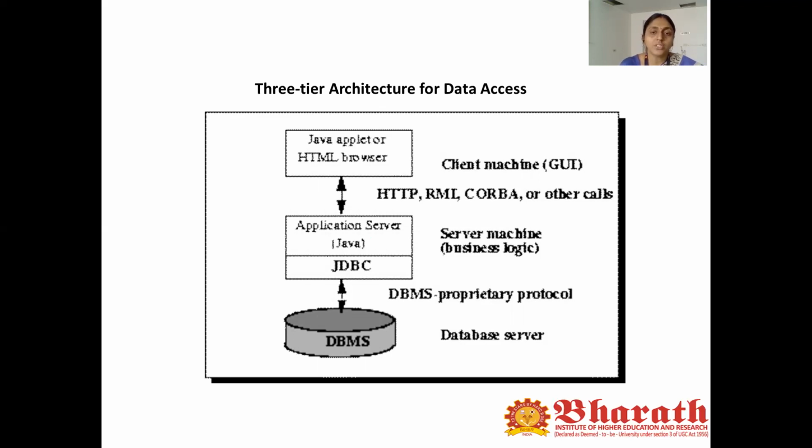And this server machine, represented as business logic, then connects to the client machine, that is the graphical user interface, through which the user, that is customers or clients, will interact. And that phase can use a Java applet or an HTML browser to develop the Java application.